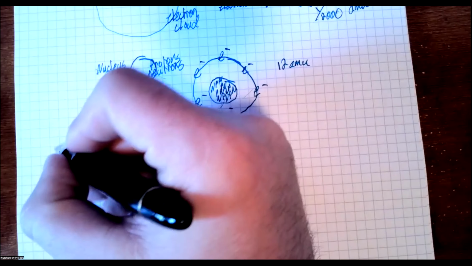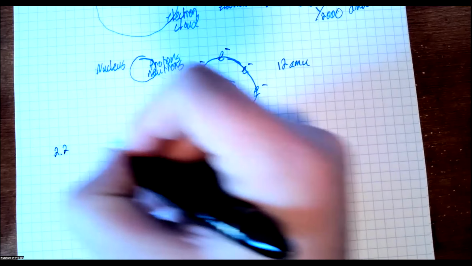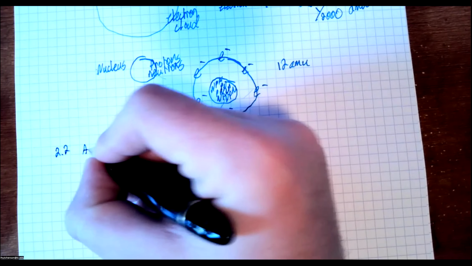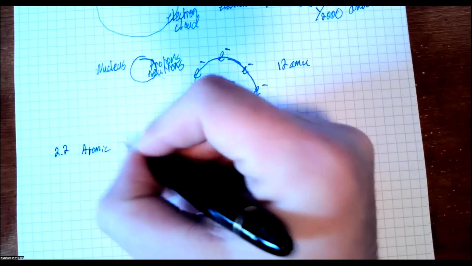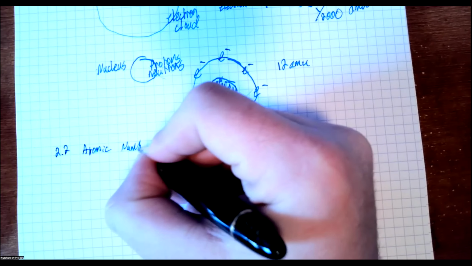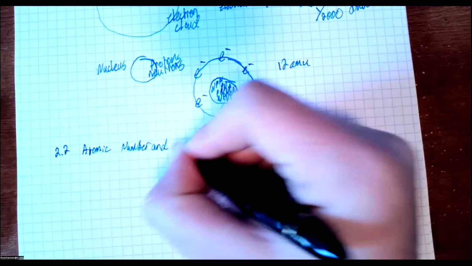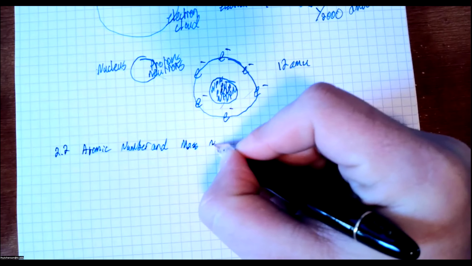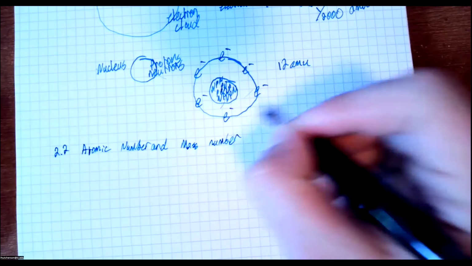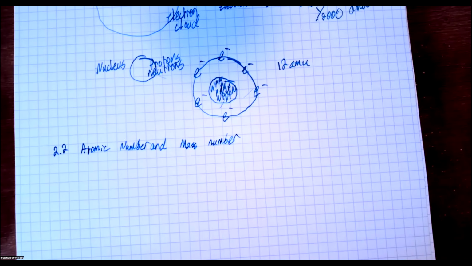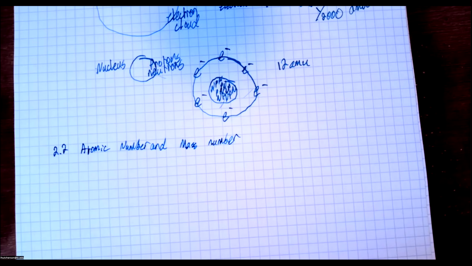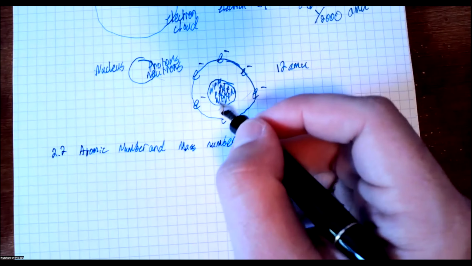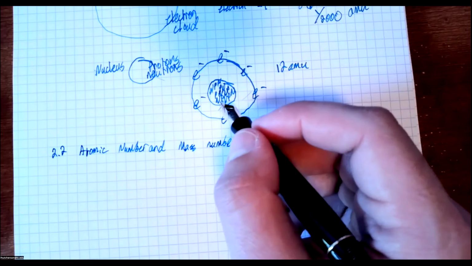All right, so that gets us to section 2.2, which is on atomic number and mass number. Now, to do this, I'm going to revisit, I still have my drawing up here from section 2.1.